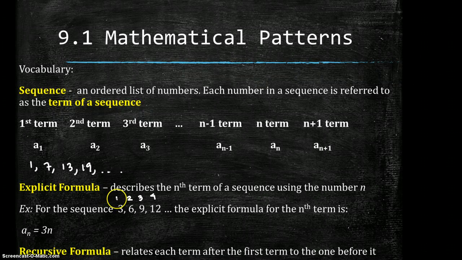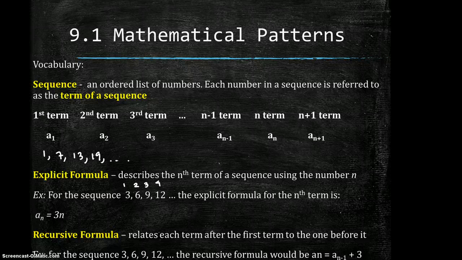So this is 1, the first term, this is n. So a sub n is 3. So you're asking yourself, what do I need to do to the n, 1, to get 3? What do I need to do to the n, which in this case is 2, to get 6? And you would have to multiply it by 3 each time. So your explicit formula is a sub n equals 3n.